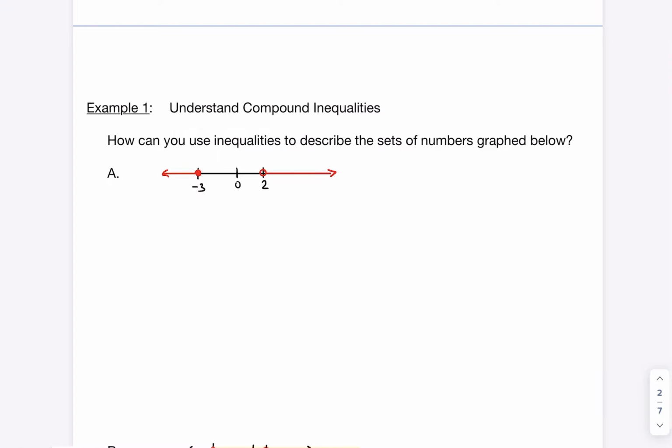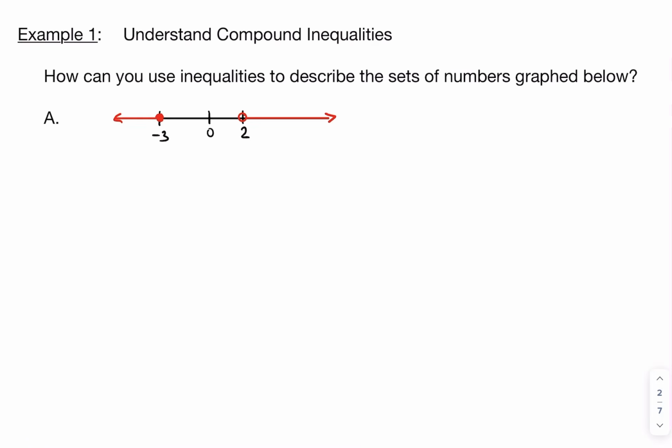So here we've got a number line, and the question is, how can you use inequalities to describe the set of numbers that's graphed below? What we're looking at is this red line going to negative infinity with a solid circle on -3, and then we have an open circle on 2, and then a line going to the right into infinity.